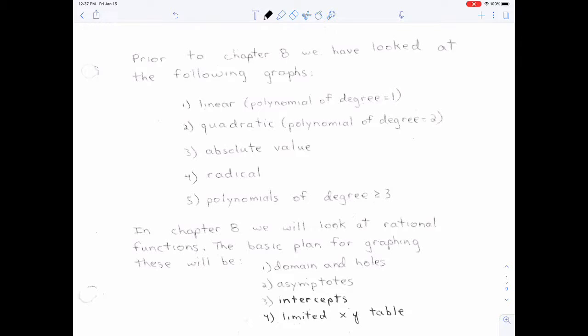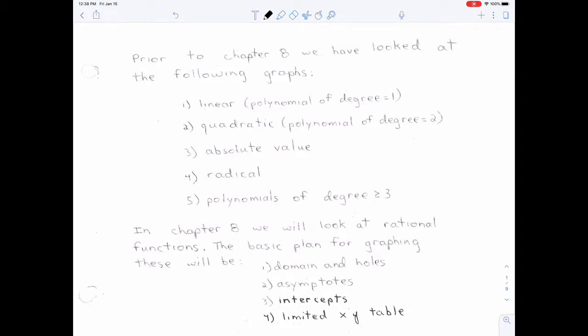So what's the basic plan for a rational function? Again, it's a fraction with a polynomial in the numerator and a polynomial in the denominator. First you're going to find domain and holes. Second, asymptotes. Third, intercepts. Fourth, you may or may not have to use a limited XY table to fill in gaps in the information.